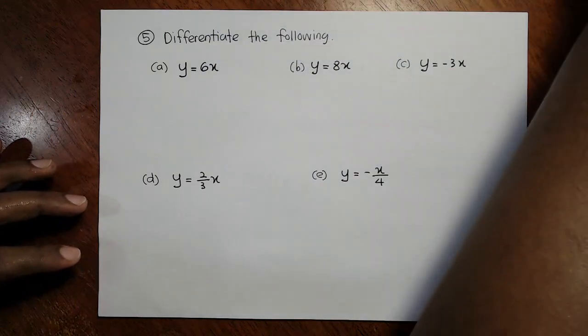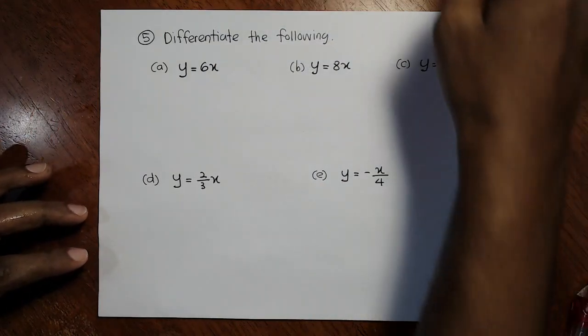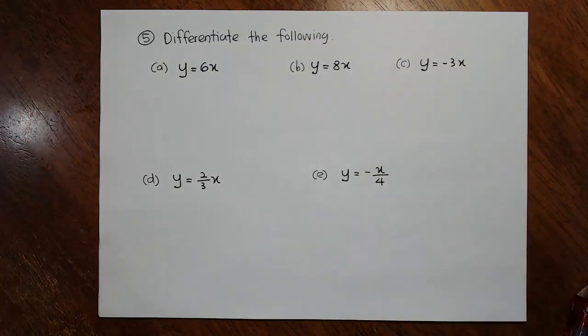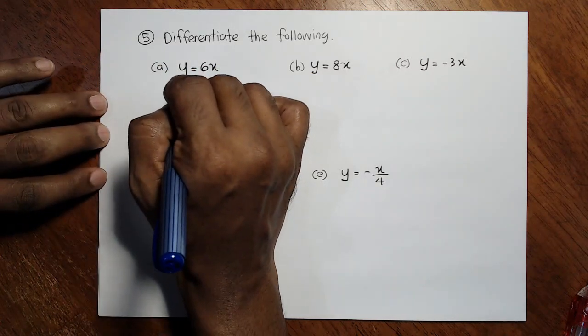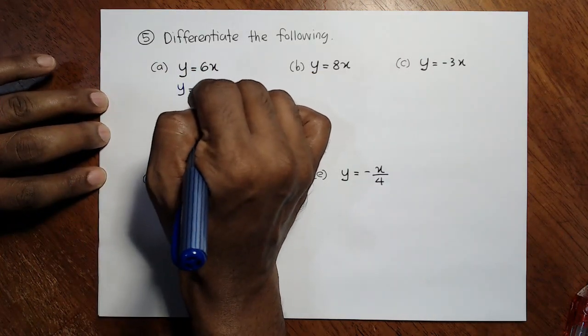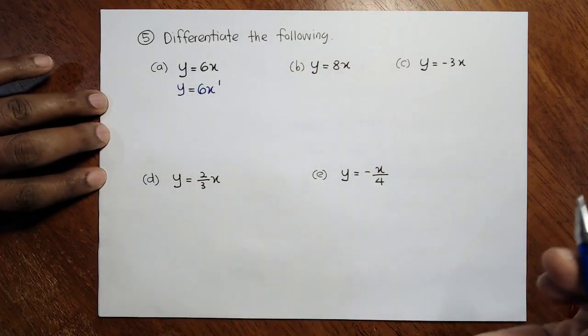Right, here we have number 5. Question says differentiate the following, right? So when you have a very simple equation, y equals to 6x, how do you differentiate that? Y equals to 6x basically means that y equals to 6x to the power of 1.